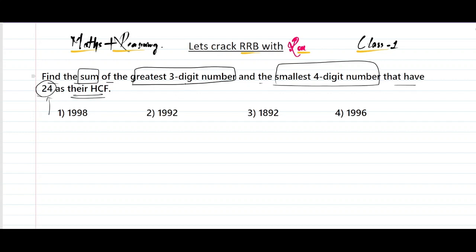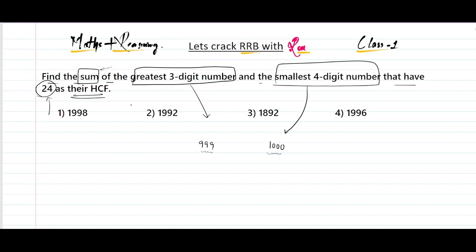What is the greatest 3-digit number first? 999 is the greatest 3-digit number. What is the smallest 4-digit number? 1000 is the smallest 4-digit number. So there is a number near 999 that is exactly divisible by 24, and also a number near 1000 which is exactly divisible by 24, and we need to add those numbers.